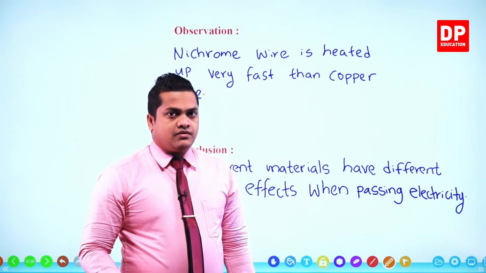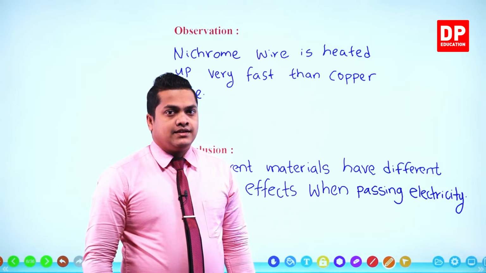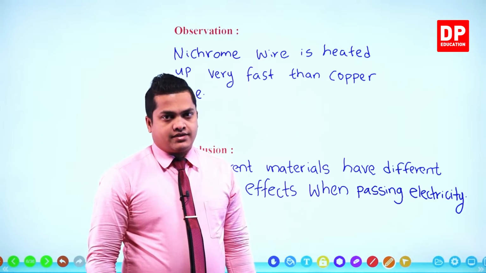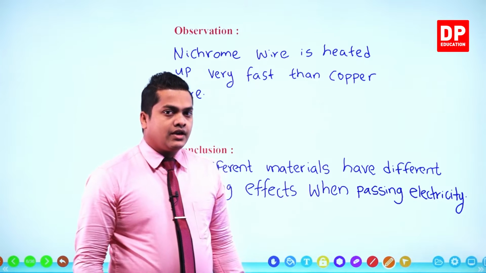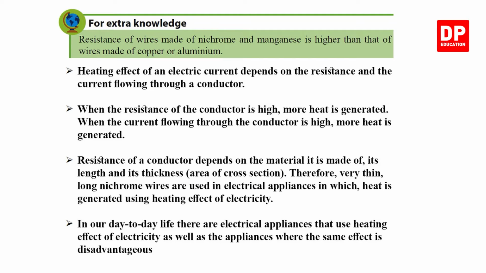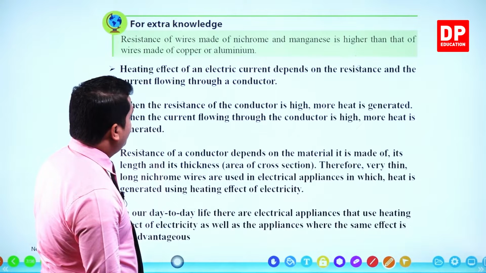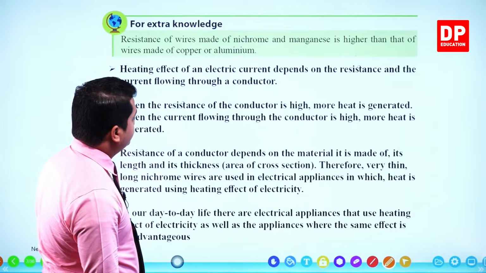So now let's observe what other contents are given in the heating effect given out by the electric current. It's given that the resistance of wires made of nichrome and manganese is higher than that of wires made of copper or aluminium.